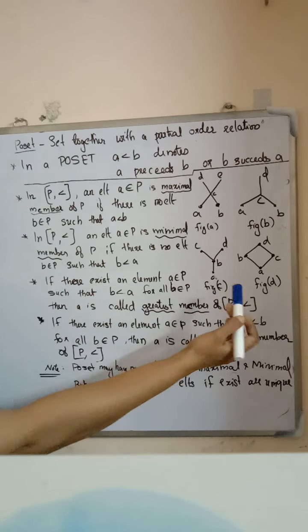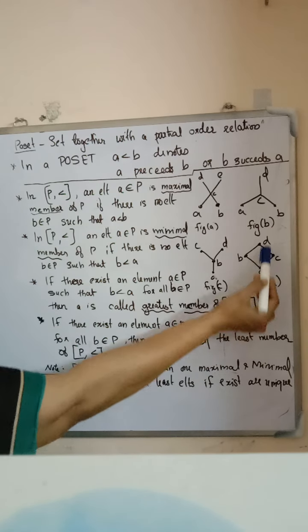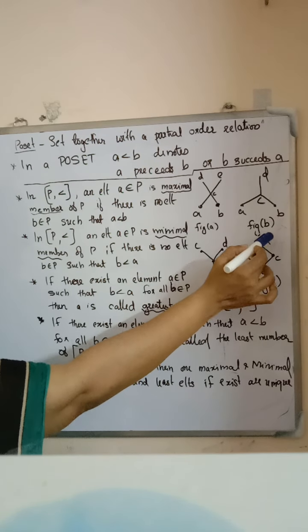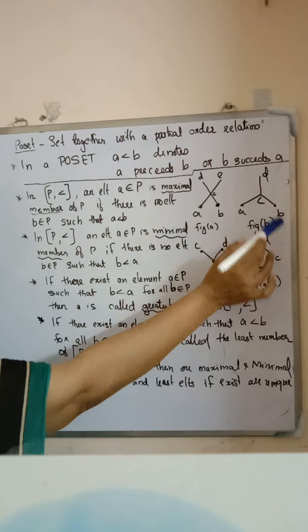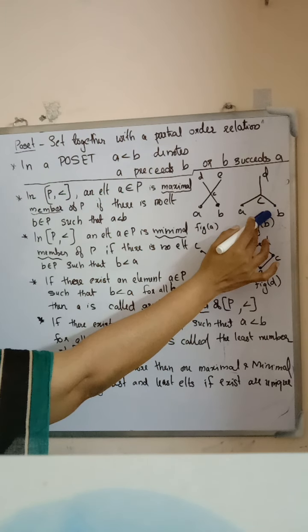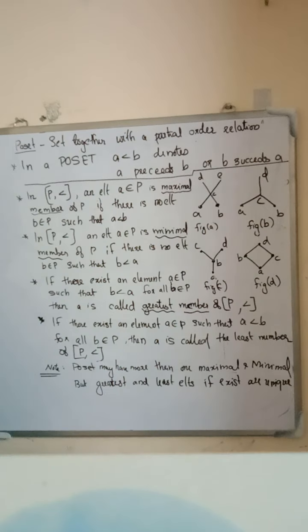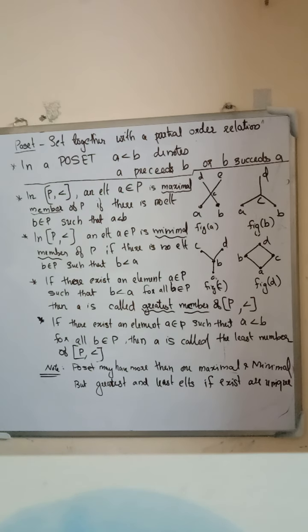In figure D, which one is the maximal element? Yes, it is D because D is not a predecessor of any other element, or any other element is not a successor of D. Therefore D is the maximal element.